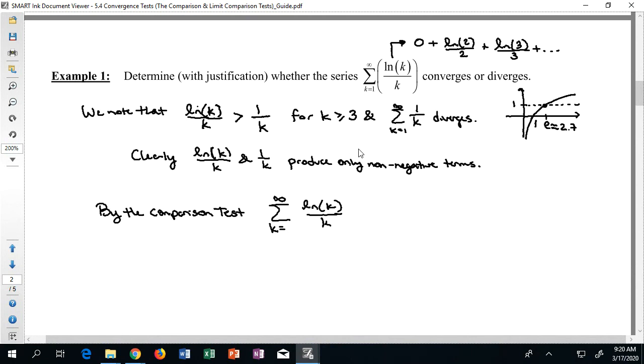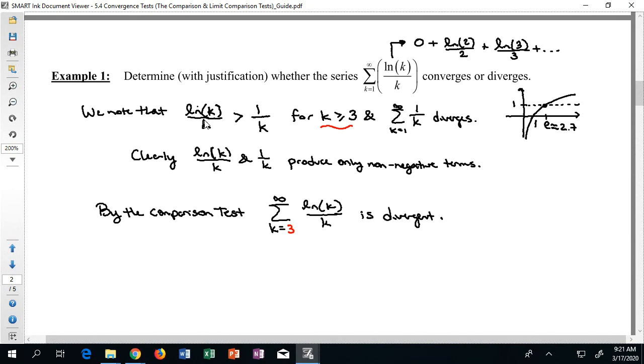I can see here that starting from the value of 3, I can make the claim that the series that uses this formula will be bigger than the harmonic. So I can claim that this is divergent. Notice again, the harmonic is divergent, and it's the smaller piece. And therefore, this thing up here is also going to be divergent.